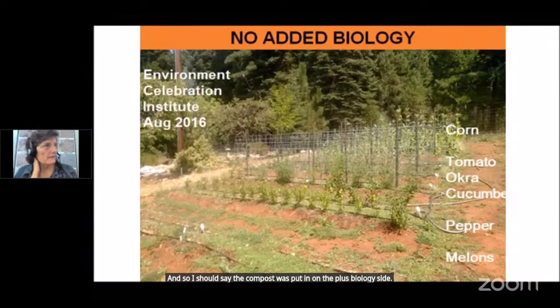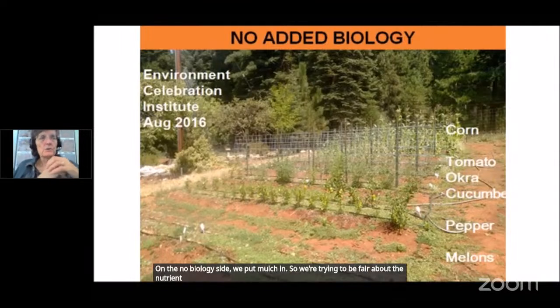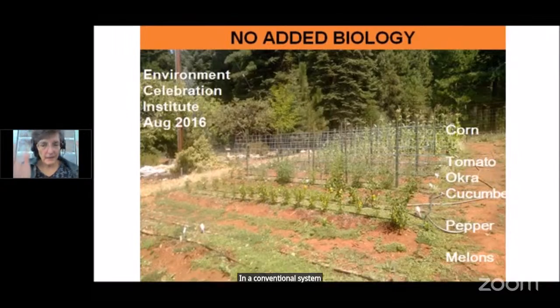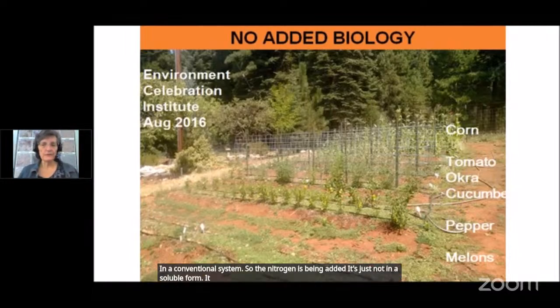On the no biology side, we put mulch in. So we're trying to be fair about the nutrient inputs. We're certainly putting in as much nutrient into these soils as you would add with inorganic fertilizers in a conventional system. So the nitrogen is being added. It's just not in a soluble form, it's in the form of plant material here.